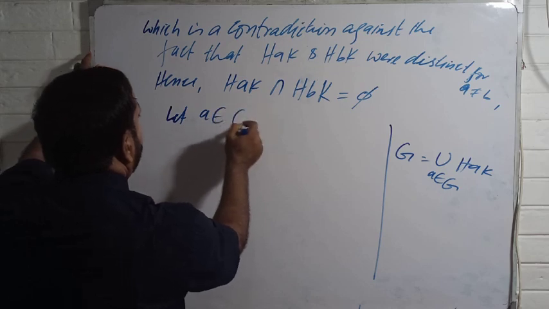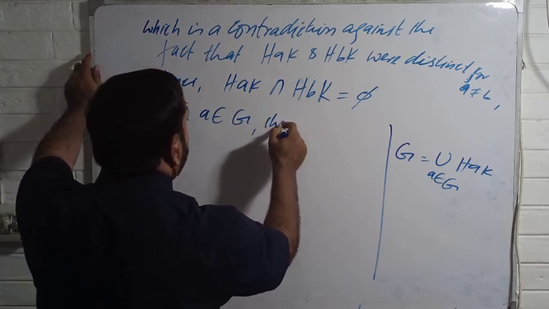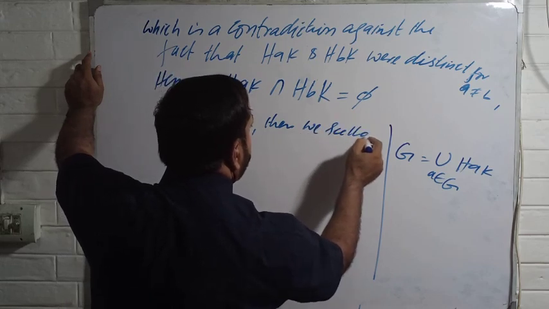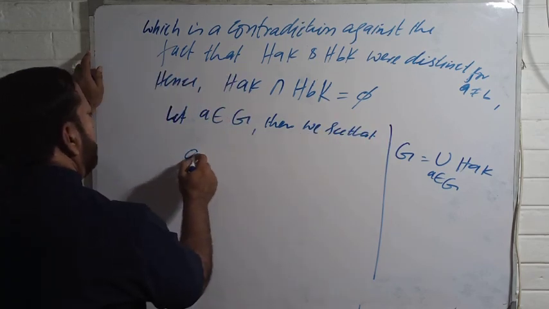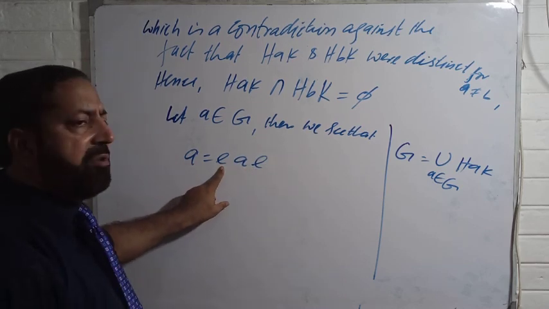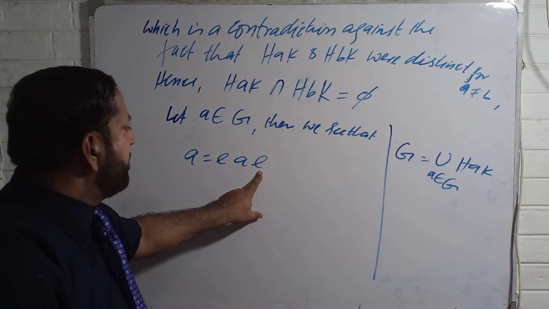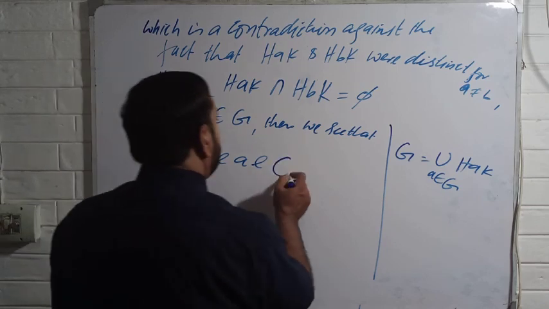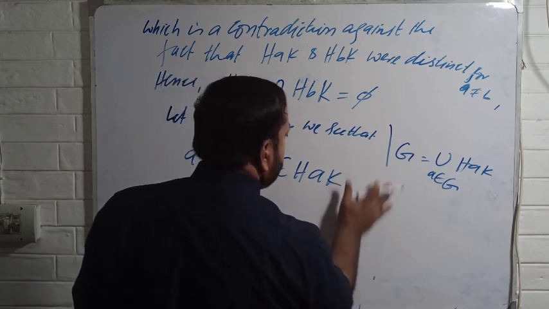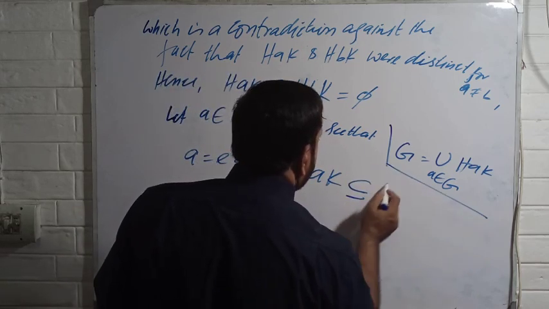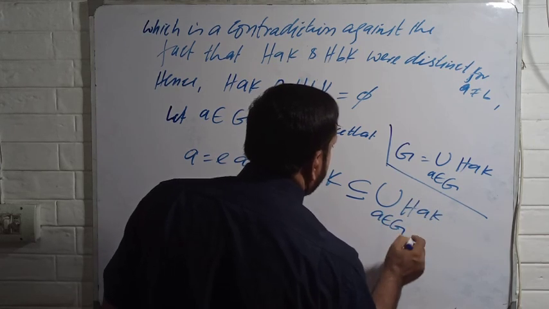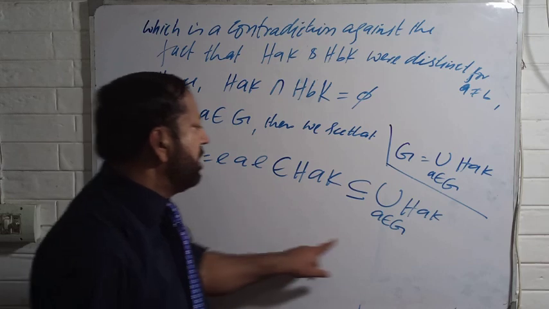So let A belong to capital G, then we see that A is equal to EAE. You can write it like this: E from capital H and E from capital K. So this belongs to HAK, of course, which is a subset of the union of HAK, where A belongs to G. So look at this: A is an element of this.